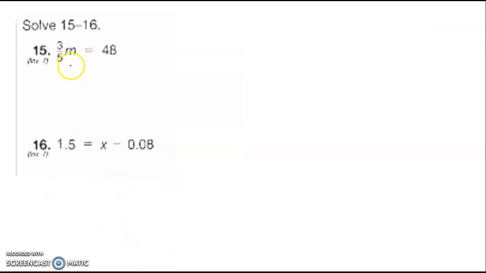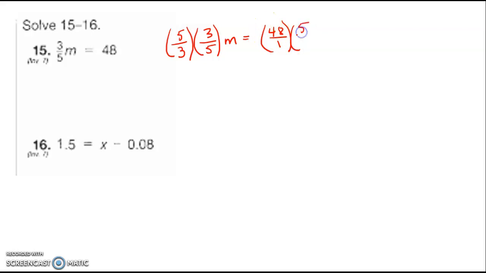Okay. All right, here we have 3/5 times m is equal to 48. I'm going to go ahead and write that out here. And I'm going to write 48 over 1, just because I can. We need to multiply by the reciprocal. So this is 5/3. What we do to one side, we have to do to the other side.